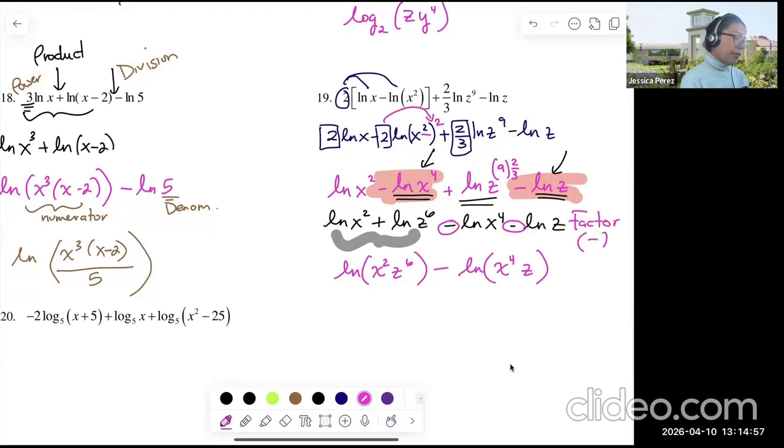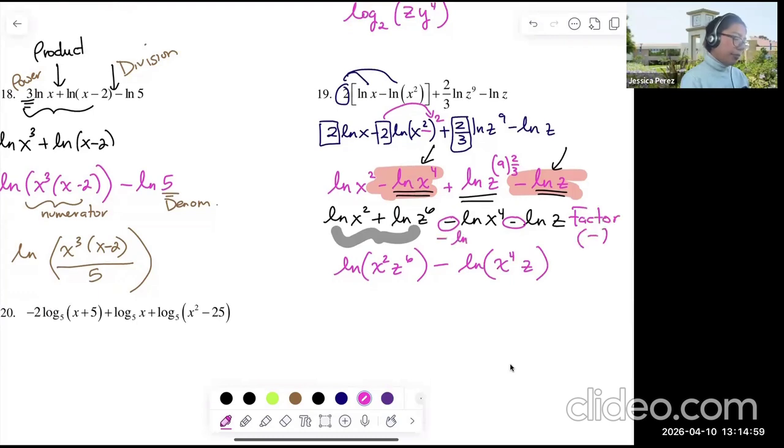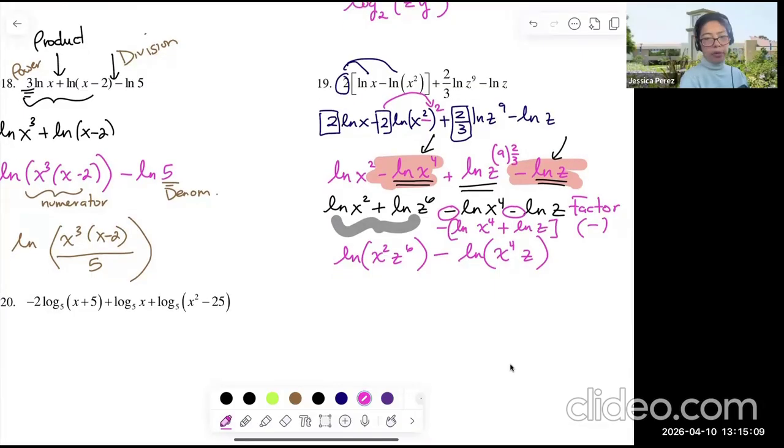If I factor the negative, this is negative ln of x to the fourth plus ln of z. But then if I have a plus, this becomes a product. So see how I have x to the fourth z. Now I have a subtraction in between. That means the division. So it's going to be ln of x squared z to the sixth all over x to the fourth z.